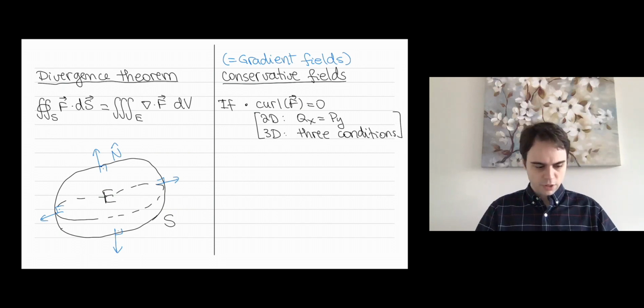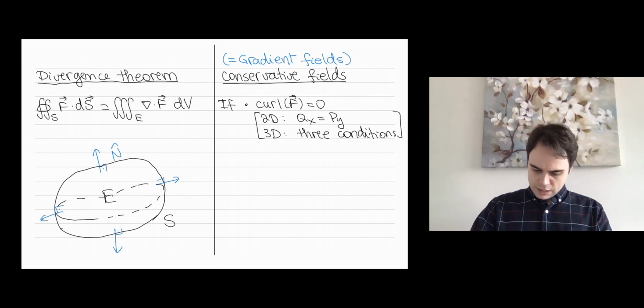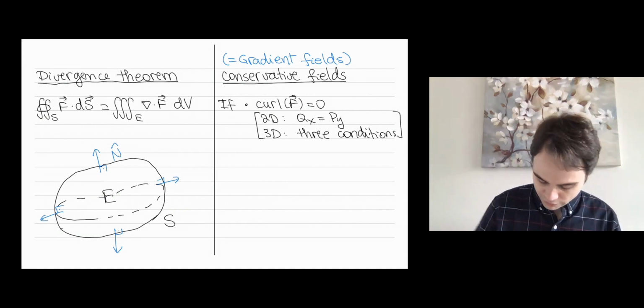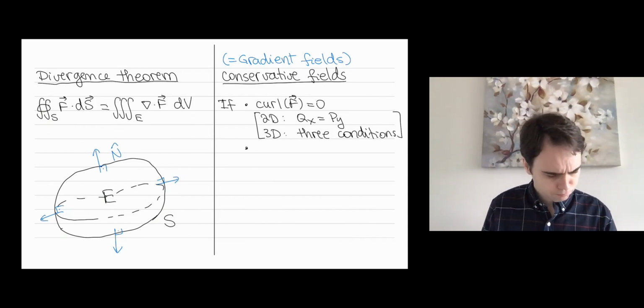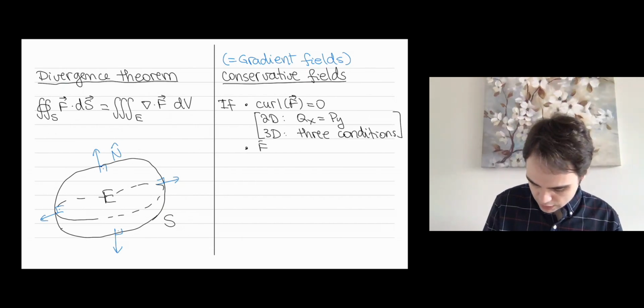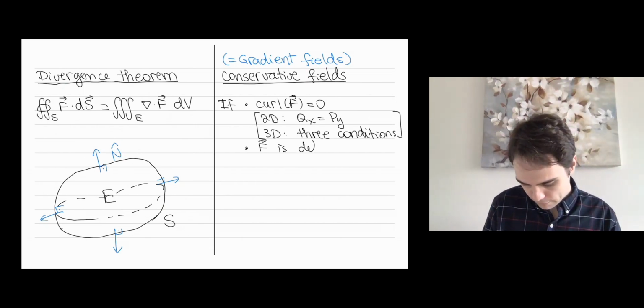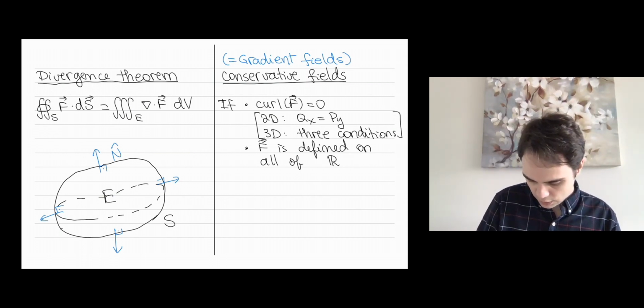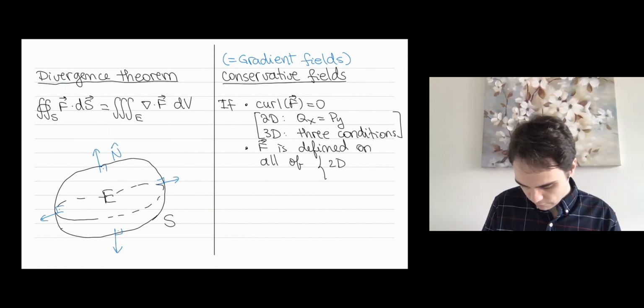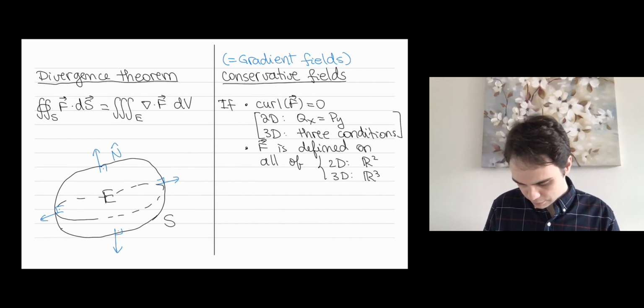So if I have a vector field, I know it's going to be conservative if, 1, the curl is 0, and 2, the vector field is defined on all of space: in 2D, all of R2, and in 3D, all of R3.